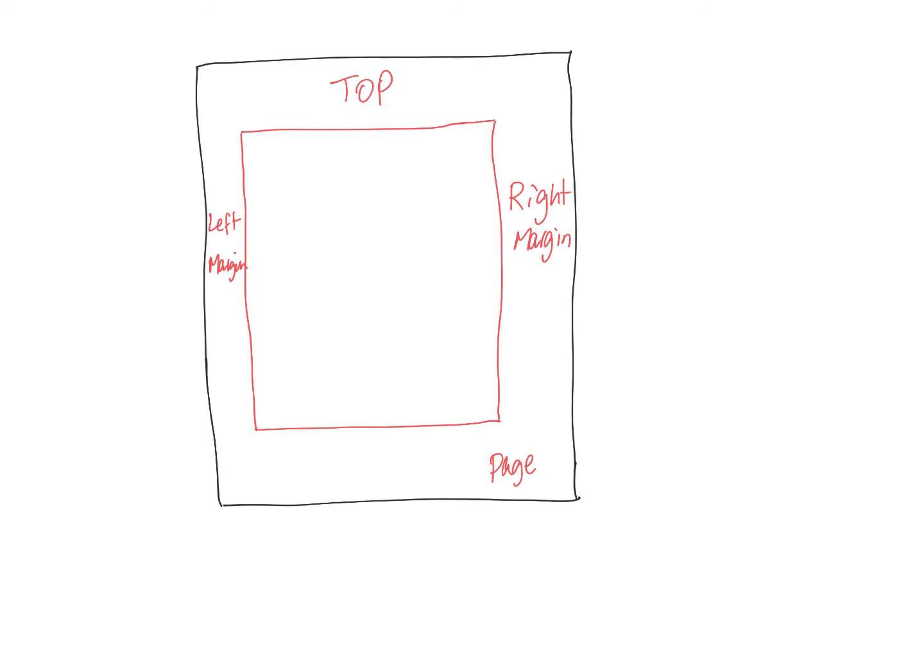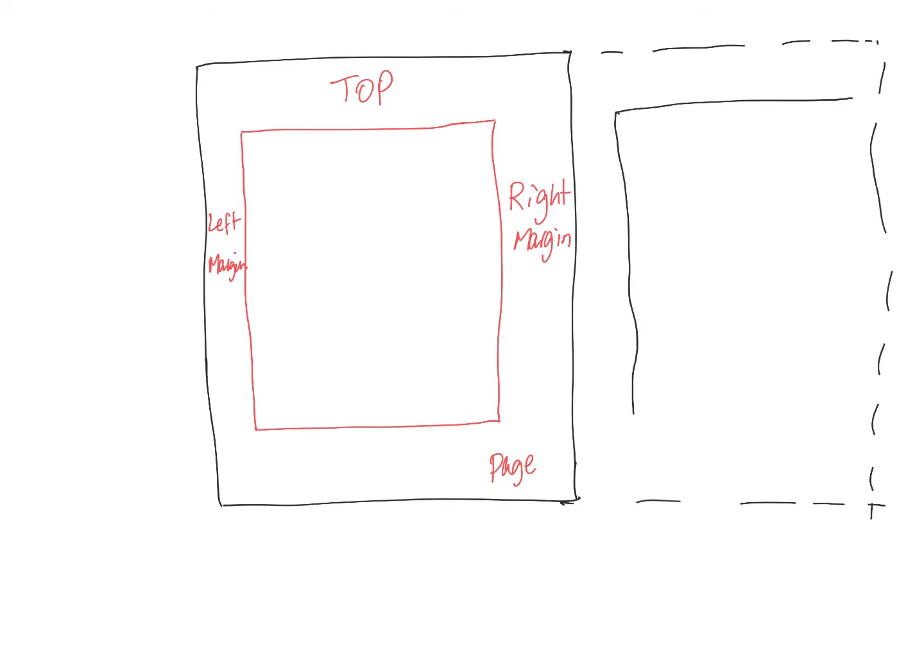And the reason is, if you have a book, and this is your second page when it's open, you don't want the right margin coinciding with the left margin. So you'll see the two pages written something like this. So then the left and the right do not merge between the two pages.